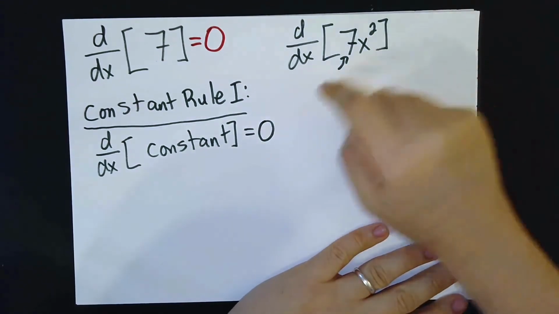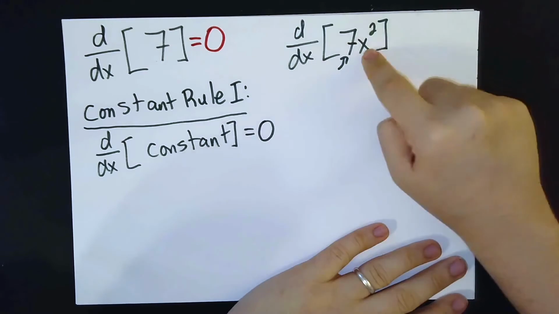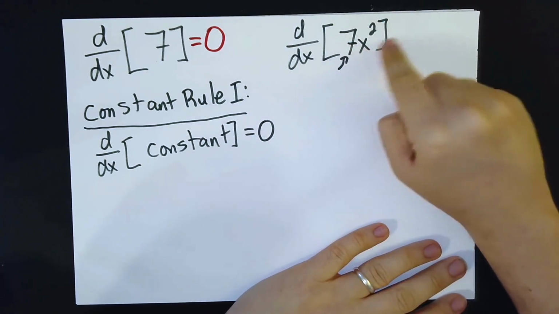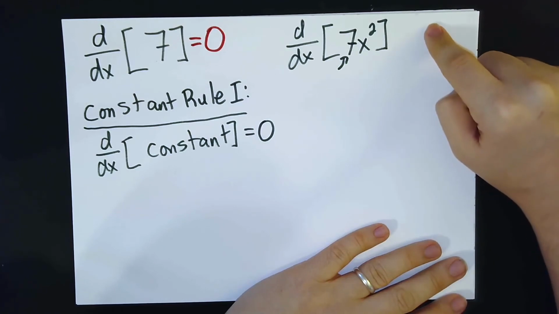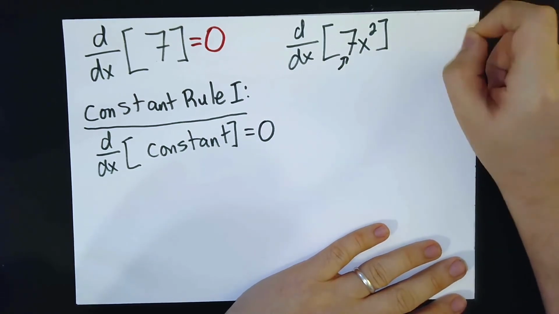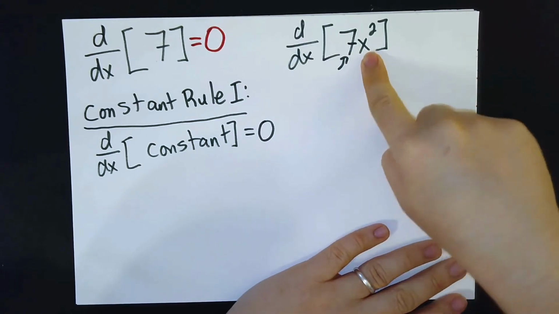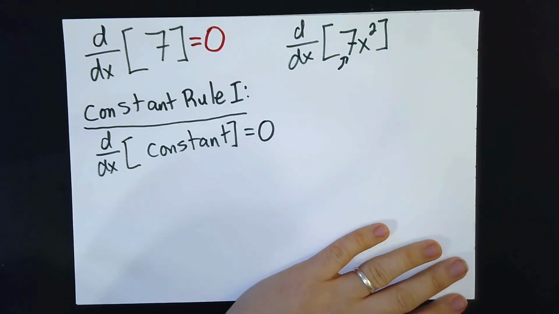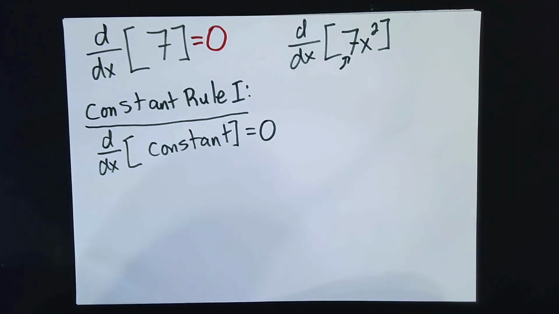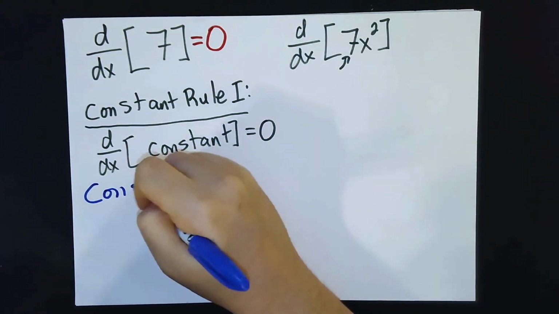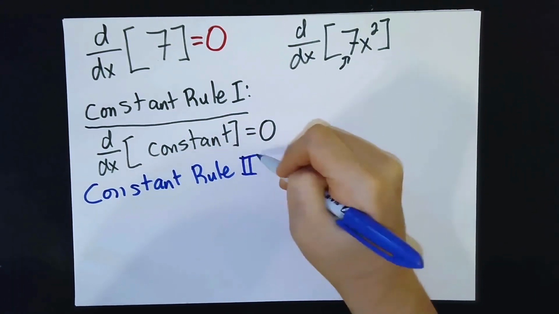Now, you might be inclined to apply this rule here to say, oh, the derivative of 7 is 0, and so this is just going to be 0, but it's not going to quite work that way, because this 7 is being multiplied by the x squared. And remember, I told you multiplication is a little more complicated than something like addition or subtraction. So when I go to handle this kind of situation, I'm going to have to use a slightly different rule.